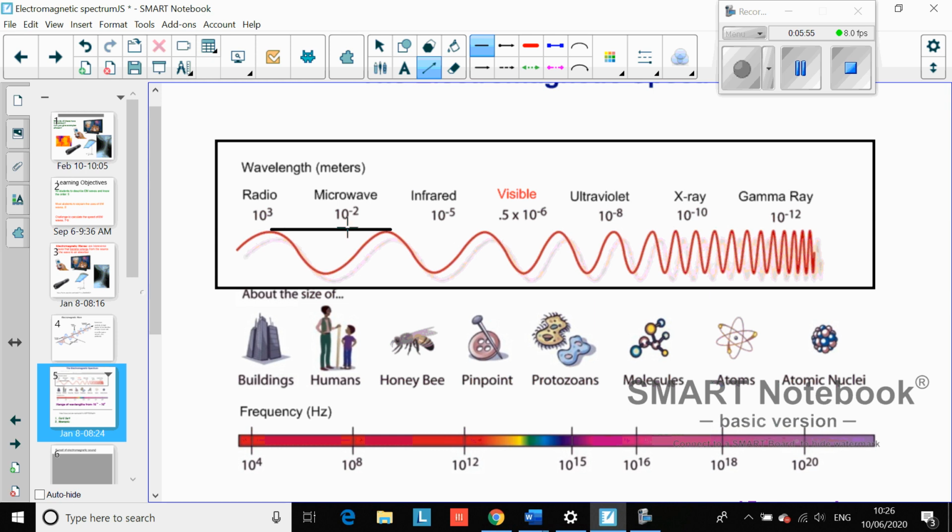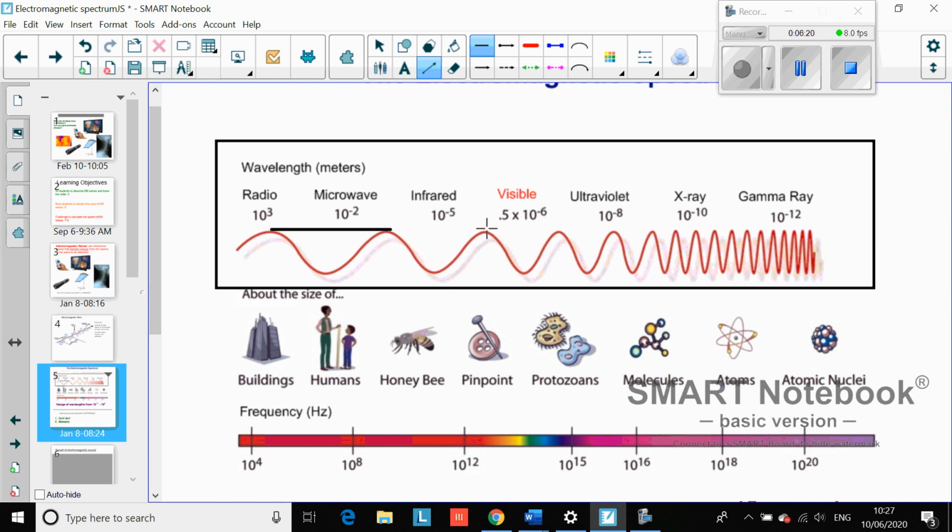So it's 10 to the minus 2, so 0.02 meters. Then as we go further along, infrared, 10 to the minus 5 meters. That's 5 micrometers. Then the waves start getting shorter and shorter.